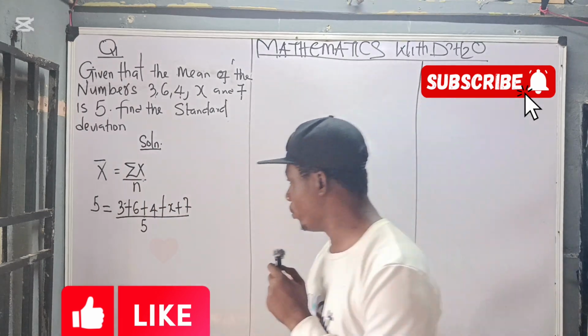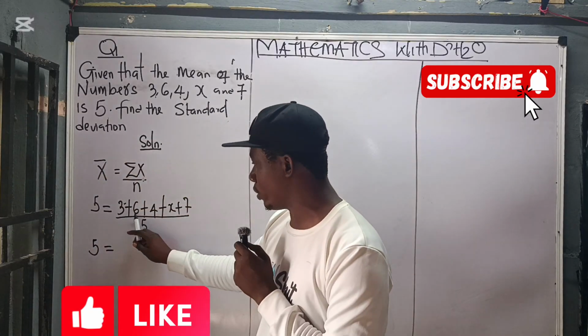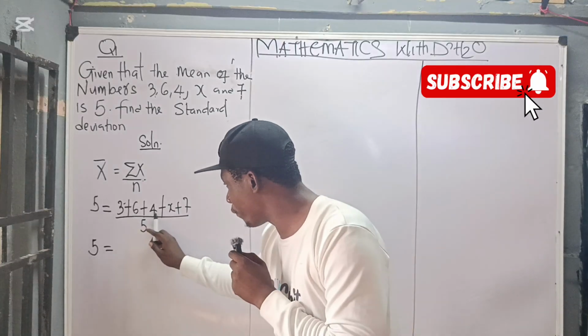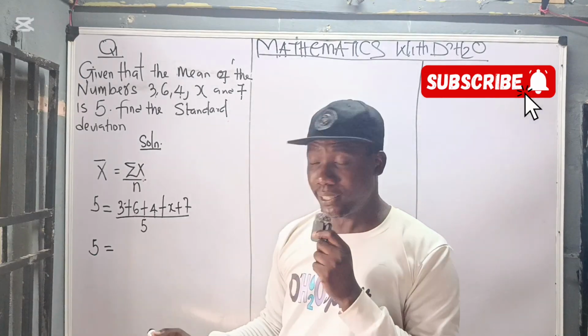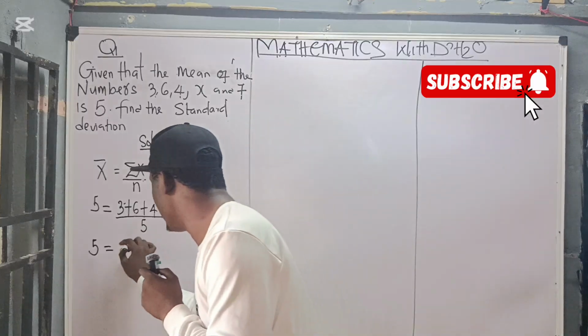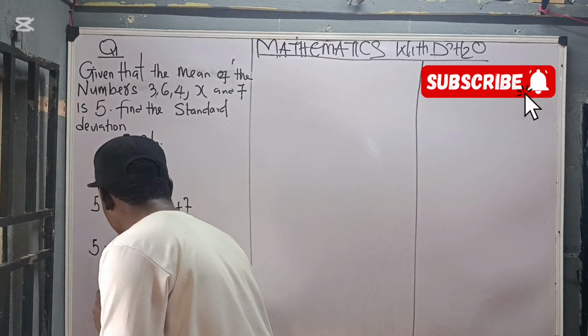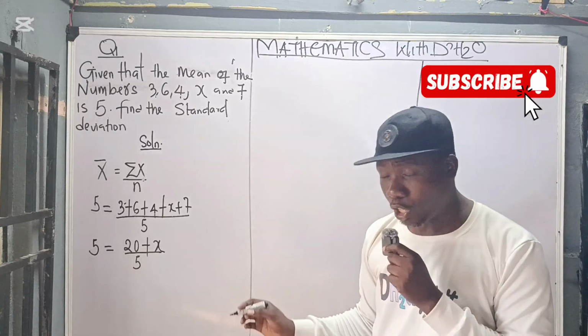So what do we simply do? You have 5 equals, let's add the numbers together. 3 plus 6 is 9. 9 plus 4 is 13. Take note of that. 13 plus 7 is 20. You don't add x to it, because x is an unknown number. So you have 20 plus x all over 5. So what do we do now? We cross multiply.